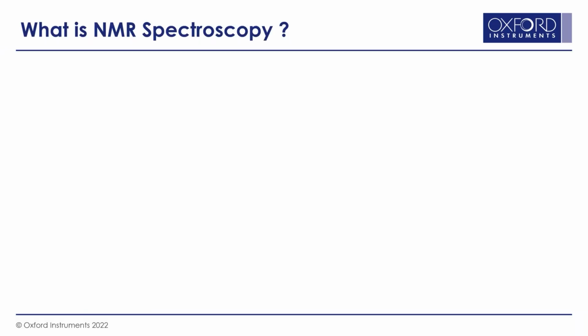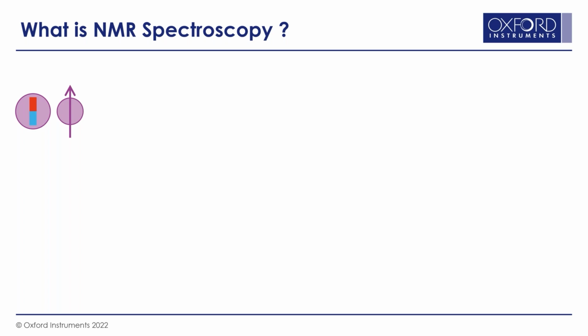So to move on to the next part of the webinar, while I expect that many of you are already familiar with NMR, for those who aren't, I'll briefly walk through a simplified version of the fundamental processes to provide a general understanding. We start with the concept that all nuclei exhibit a fundamental property known as spin.